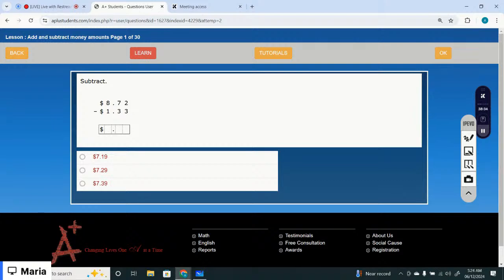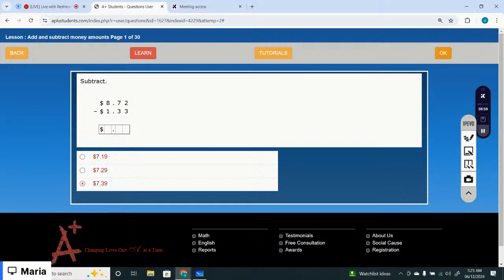The correct option is option number 3. That is 7.39.